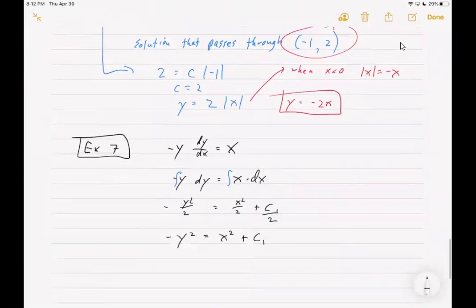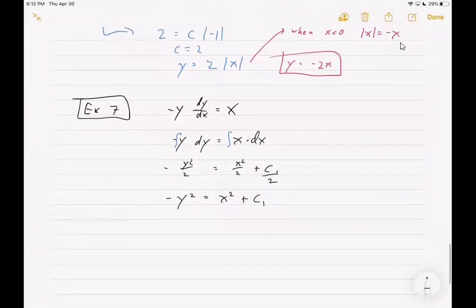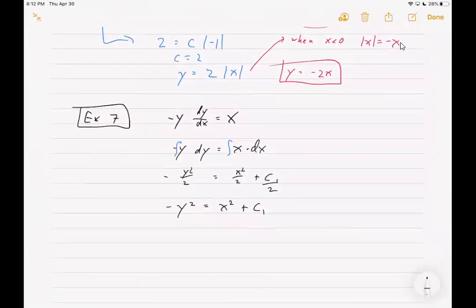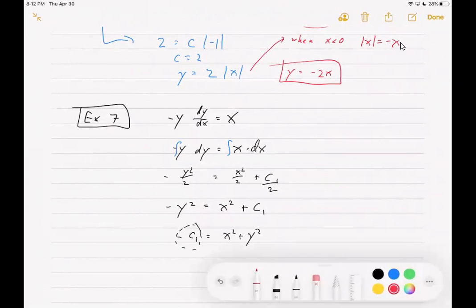All right, well, let's write this in a form. This time we're not actually going to isolate the y. I'm going to rewrite this as -C1 is equal to x squared plus y squared. And what if -C1 happened to equal something like, let's call it r squared?